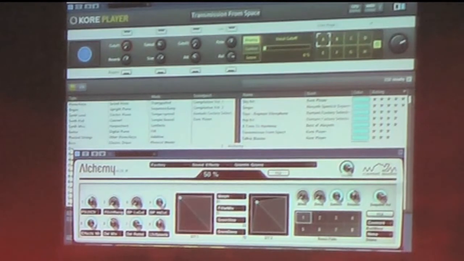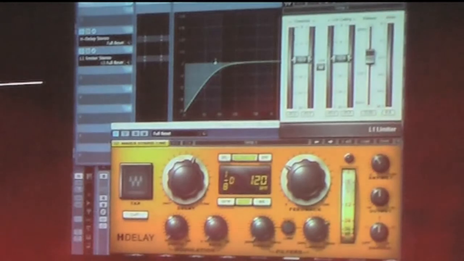For example, here we have 2 of them visible on the screen. And the transmission from space is like, how would I explain? It's like different noises that sound like they were captured from a satellite or something. And next slide. I did some post-processing for them so that they would blend together more nicely.